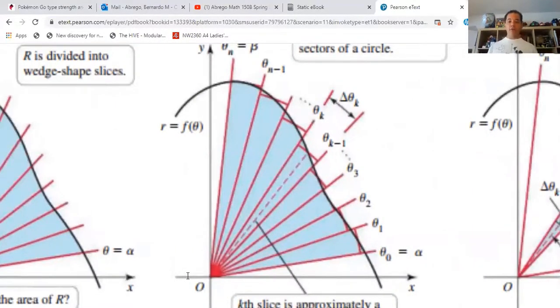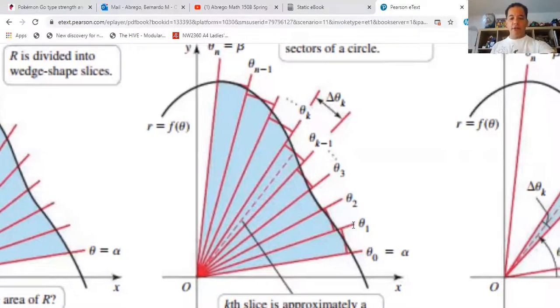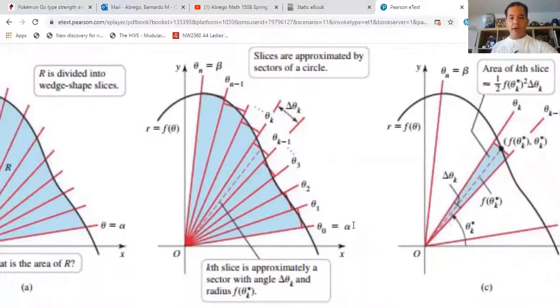For our approximation, once we have those little thetas, we're going to approximate each one of these pieces with a sector of a circle, with a little slice of pizza. So slice of pizza, another slice of pizza, and so on. Those are these little arcs that you see in blue.